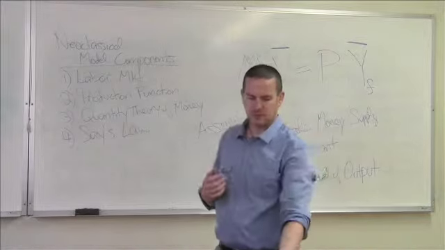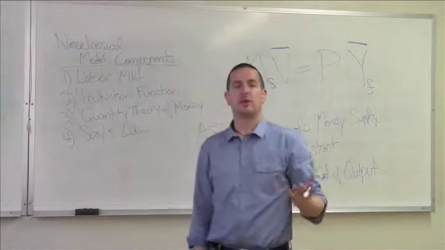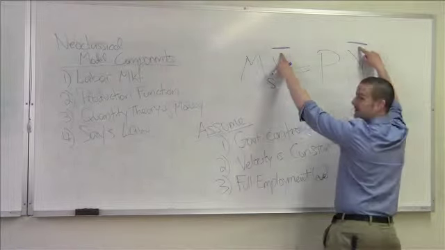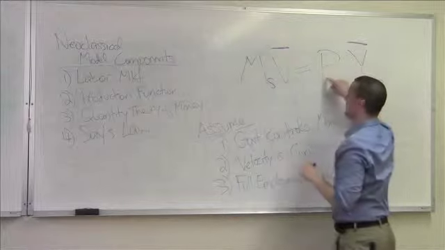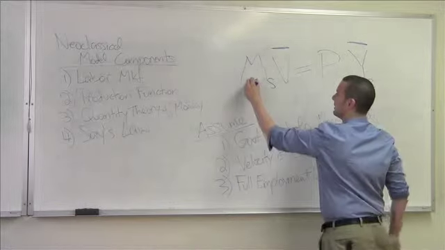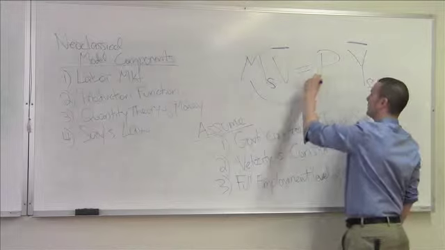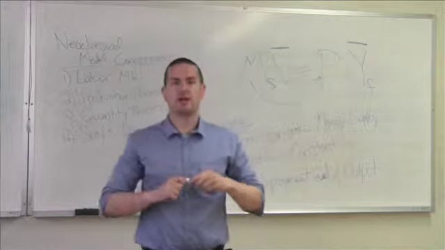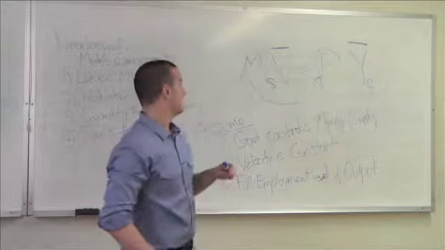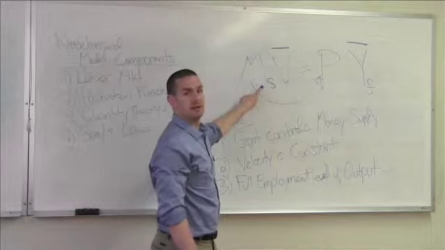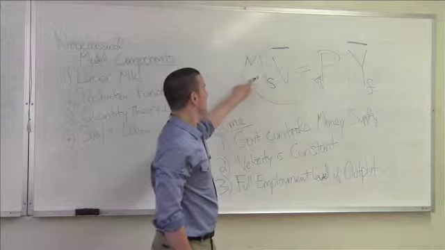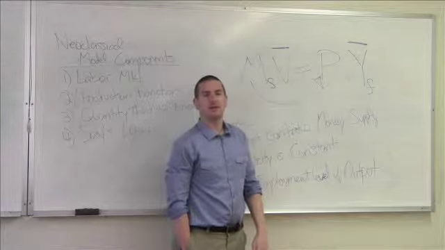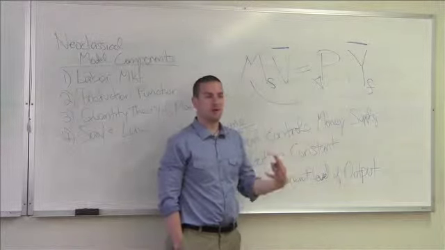So how do we get inflation, or what determines prices? If this is constant and this is constant, the only thing that can make prices go up is if the government prints too much money. Neoclassicals believe that the amount of money the government prints will determine the price level in the macroeconomy.